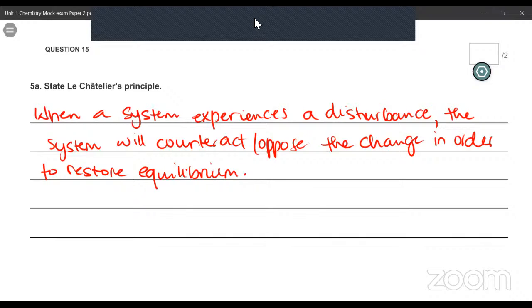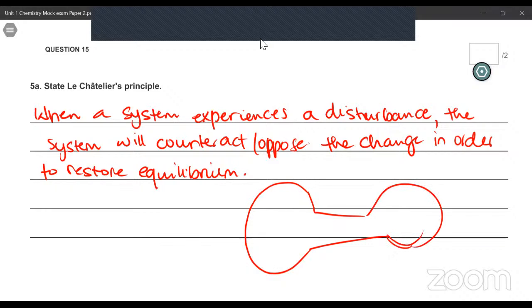If you increase the pressure, by Le Chatelier's principle, the equilibrium will shift to the side with the lesser amount of moles in order to restore equilibrium. The whole pressure thing is kind of hard to think about, so think about two balloons attached end to end by a tube.